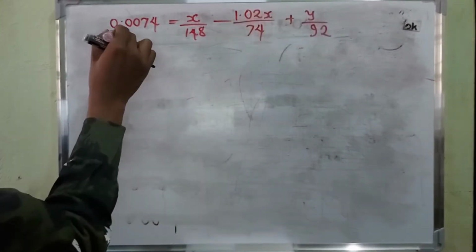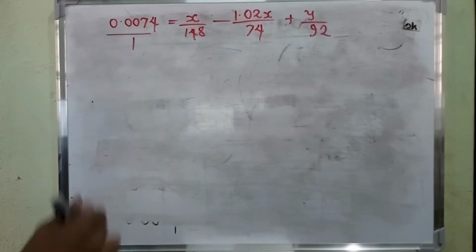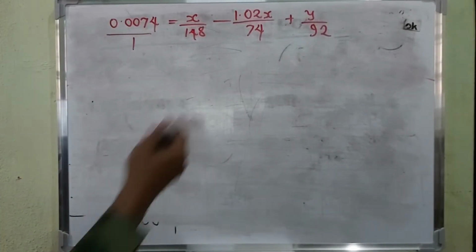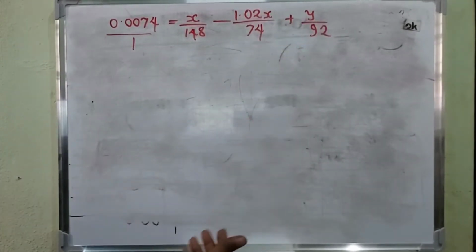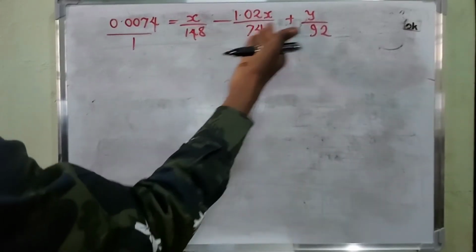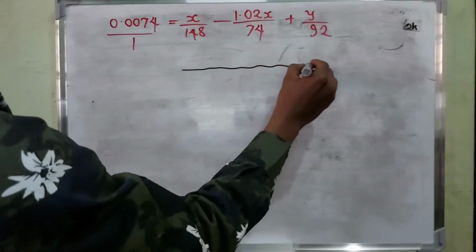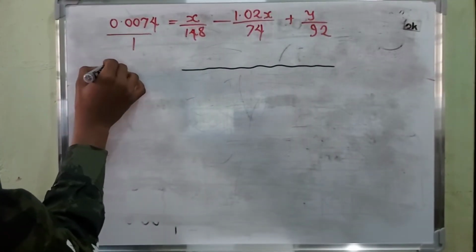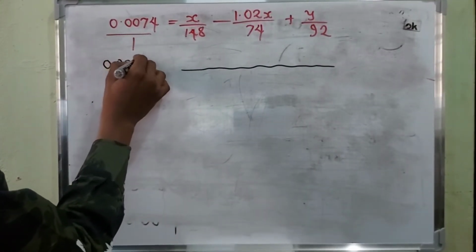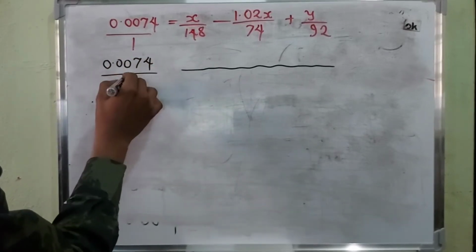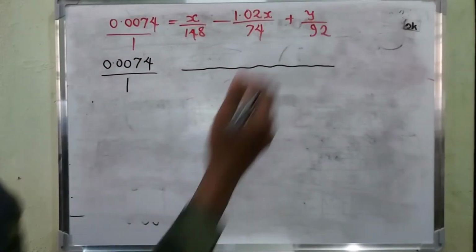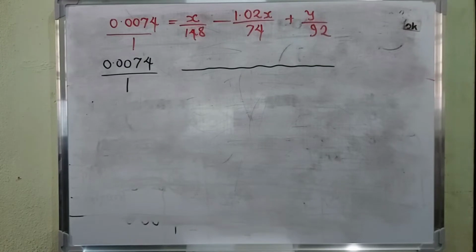You agree with me, this is something over 1. So we're going to find a common multiple for these individual variables. So remember, this is 0.0074 divided by 1. So what could be their common multiple? I've solved that already.